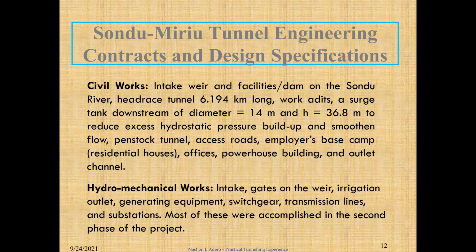So the second phase is hydromechanical works. So you talk of the intake, the gates on the weir, irrigation outlet, generation equipment, switch gear, transmission lines, and substations. Most of these works were accomplished in the second phase of the project.